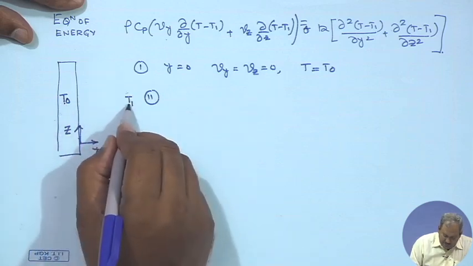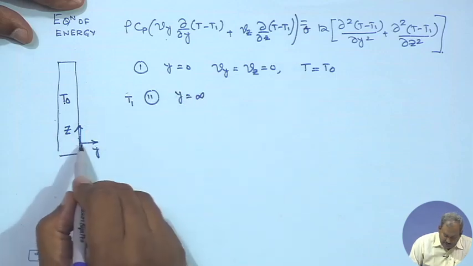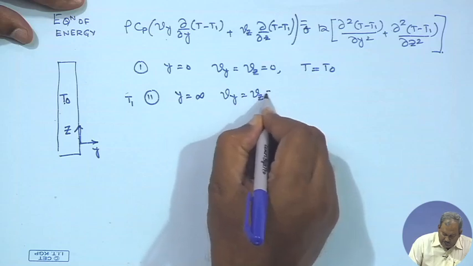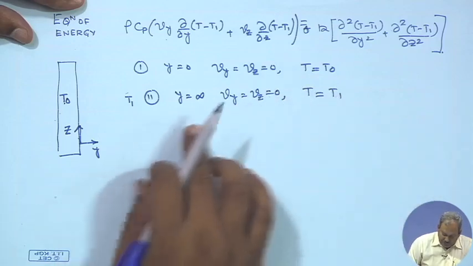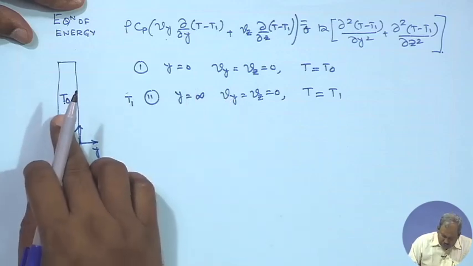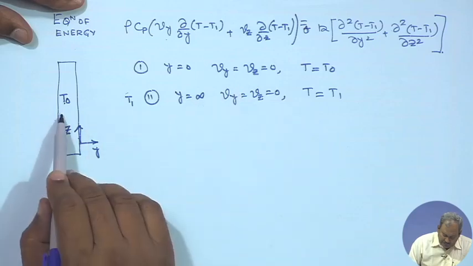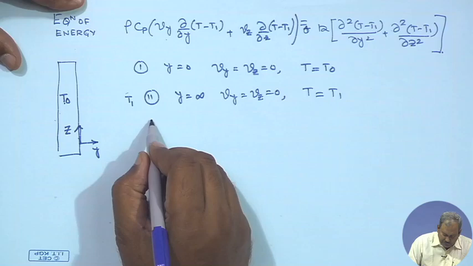So, both these temperatures are constant. At y equals infinity, that means at a point far from the plate, again Vy and Vz both will be 0 and T would be simply equal to T1. So, at a point over here, there is no effect of the solid plate, and therefore, no motion is induced because of the presence of the solid plate, and therefore, all of them are going to be equal to 0.